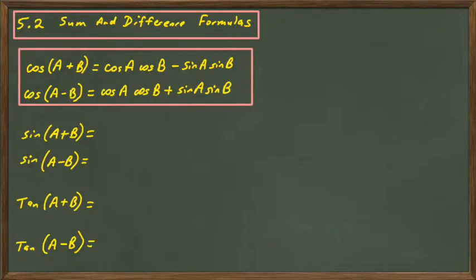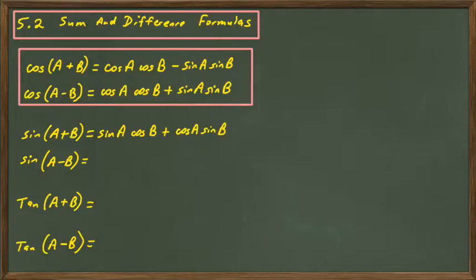The sine is sine A, cosine B, but you use the same sign, so this would be a plus, cosine A times sine of B. In other words, just the other way around. Okay, for sine A minus B, it's very similar.